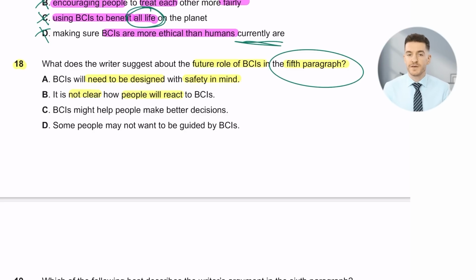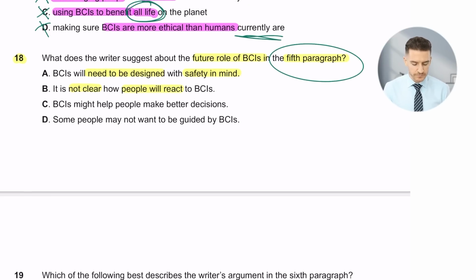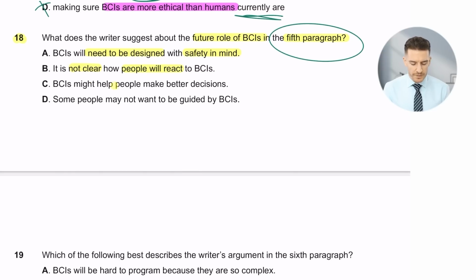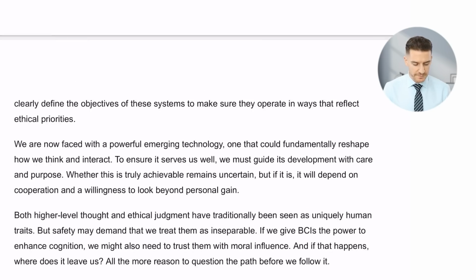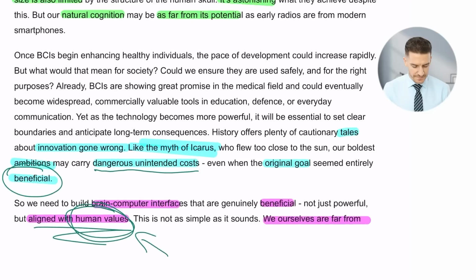BCIs might help people make better decisions, okay? Some people may not want to be guided by BCIs, or they might not want to follow the decisions of BCIs. So let's go back and we'll find that fifth paragraph and we'll see what it is saying.